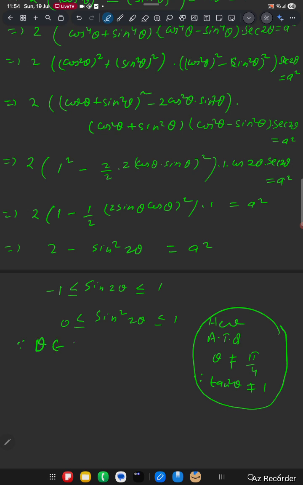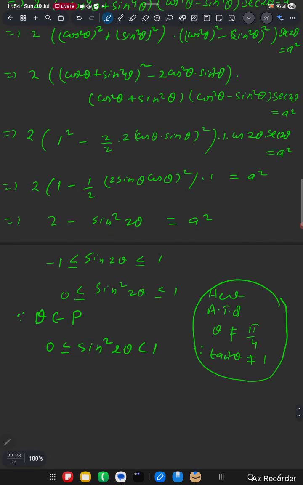Since theta belongs to set P, and the condition for P is that theta belongs to the range 0 to 4 pi, but theta is not equal to pi by 4, sin 2 theta will not be equal to 1. For that reason, our inequality will reduce to sin square 2 theta less than 1; the equal to sign will be removed.